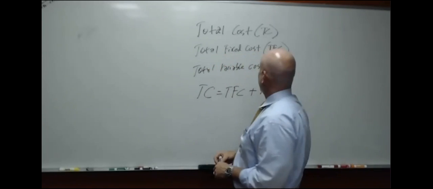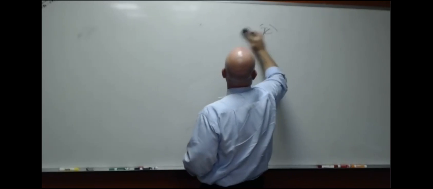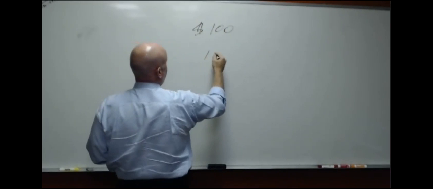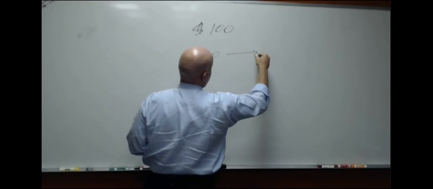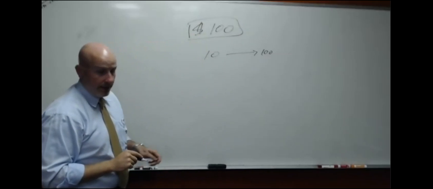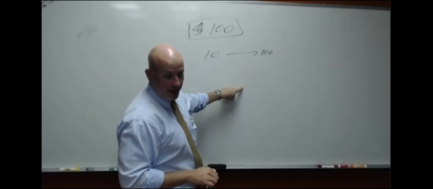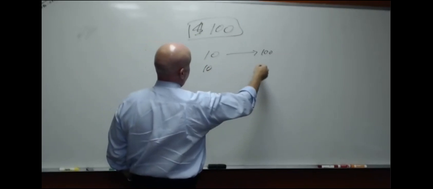So think about it like this: if I have a fixed cost of $100 and output is at 10, now as I increase output up to 100, holding this constant, I'm dividing it by a larger number, which causes the average to fall. So here my average would be 10, here my average is 1.